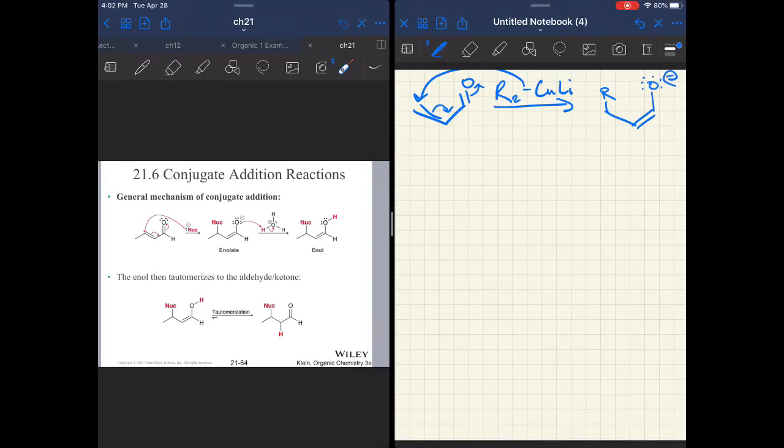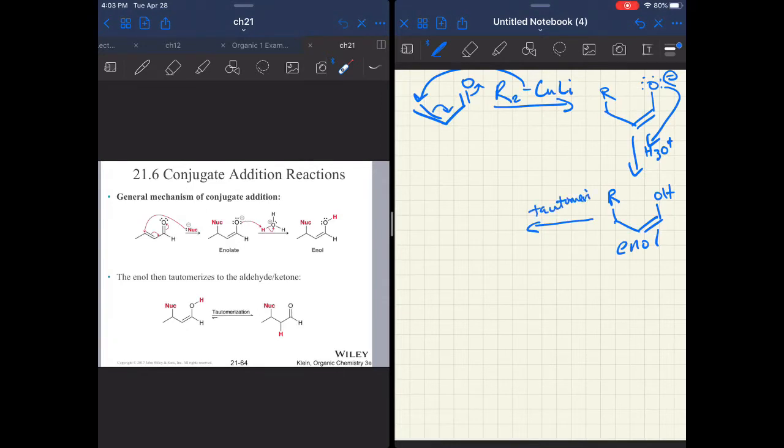Now, when you add your H3O plus, it is going to protonate. But as we've seen in multiple instances, an enol is often not the stable product, and so it is going to tautomerize.